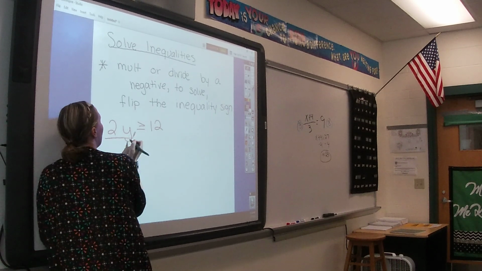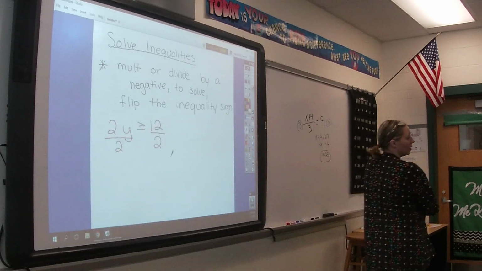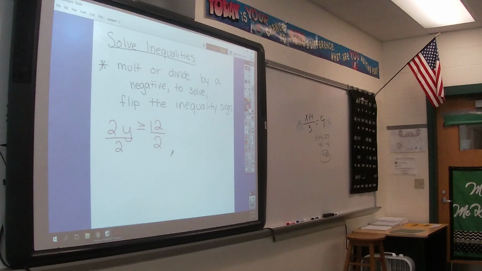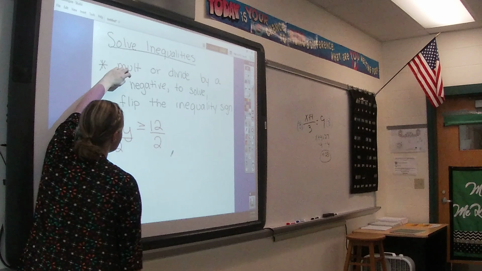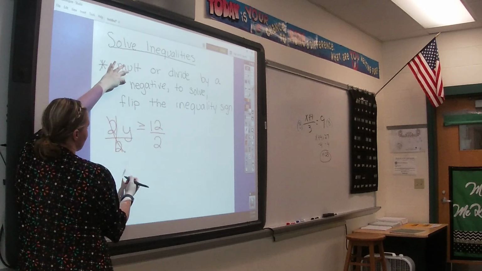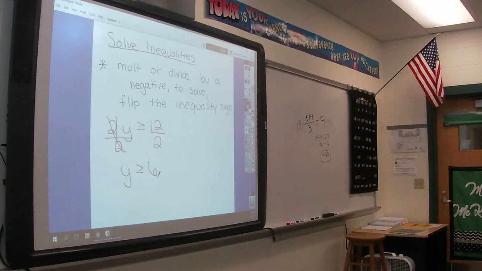And so we're going to divide each side by 2. Okay, we are dividing by a positive 2. So since we're dividing by a positive 2, nothing changes. It's only if it's negative. So our 2's cancel just like before. And we'll get y is greater than or equal to 6.